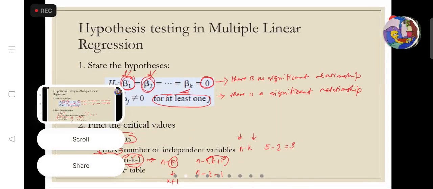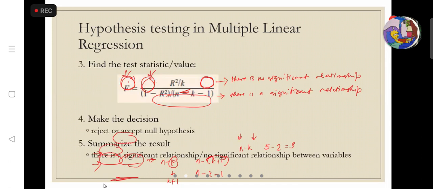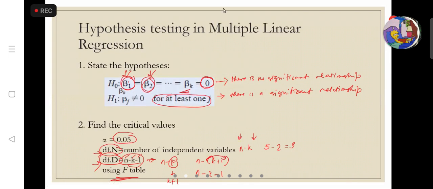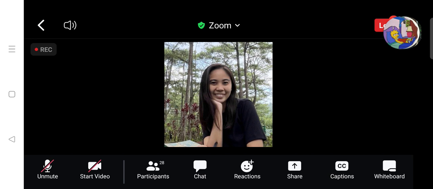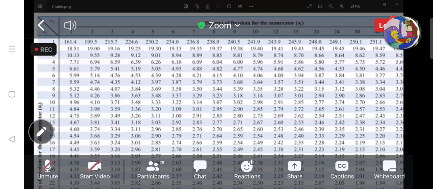So lastly, instead of using the T table, we will be using the F table. The F table looks like this. So this will be our F table.